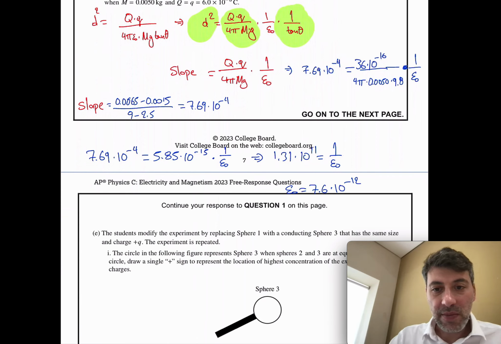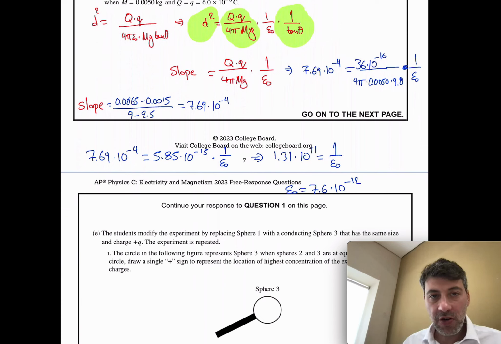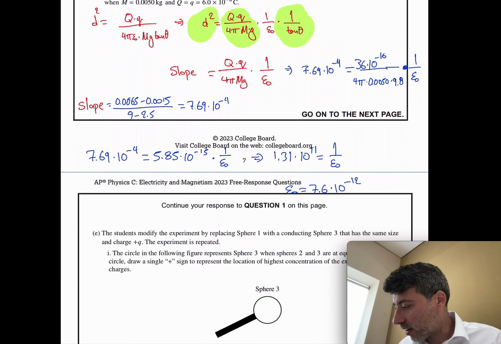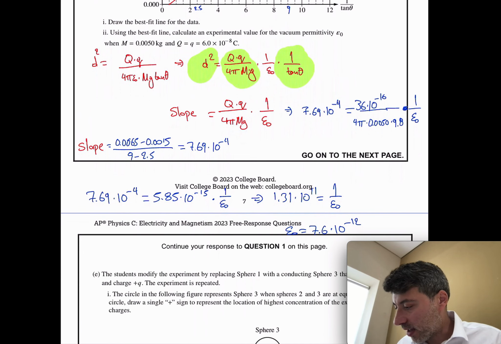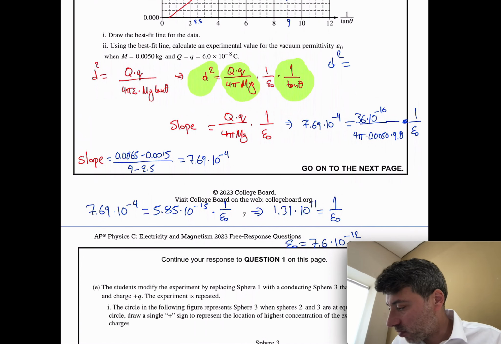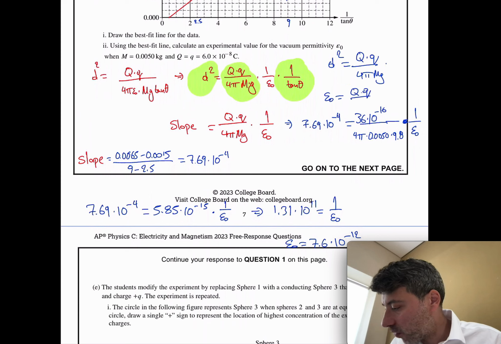Now, I certainly do not remember the units for the value of epsilon 0, but we can find it from the formula that we have formed, that the distance to the power of 2 is equal to Q over 4 pi mg and 1 over epsilon 0. So we bring the epsilon 0 on the top, and we have Q over 4 pi mg multiplied by distance to the power of 2.